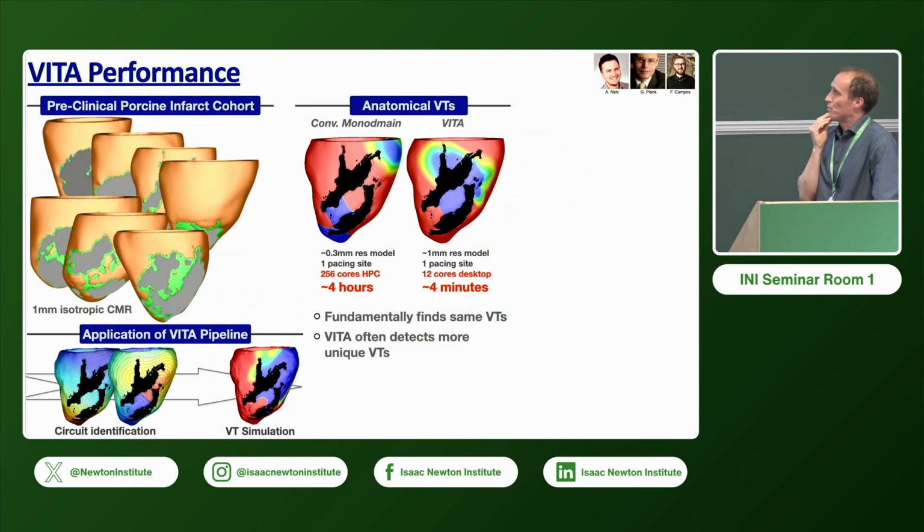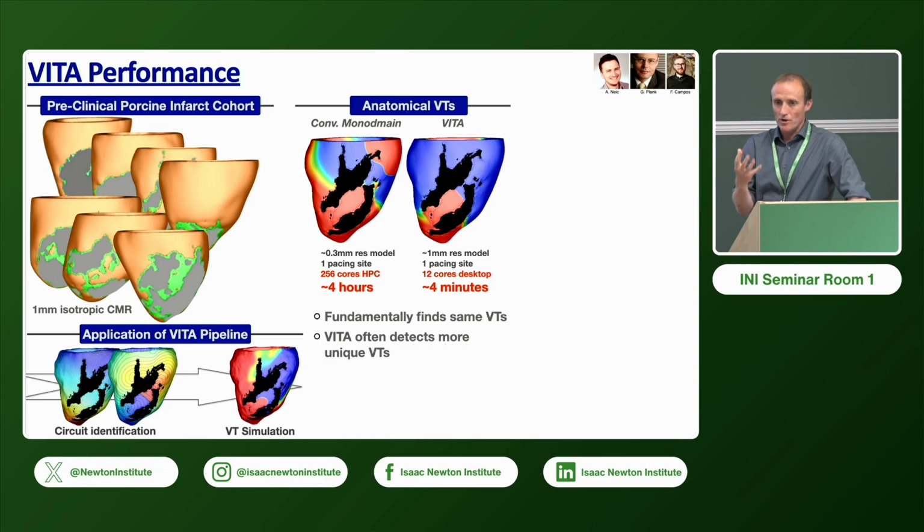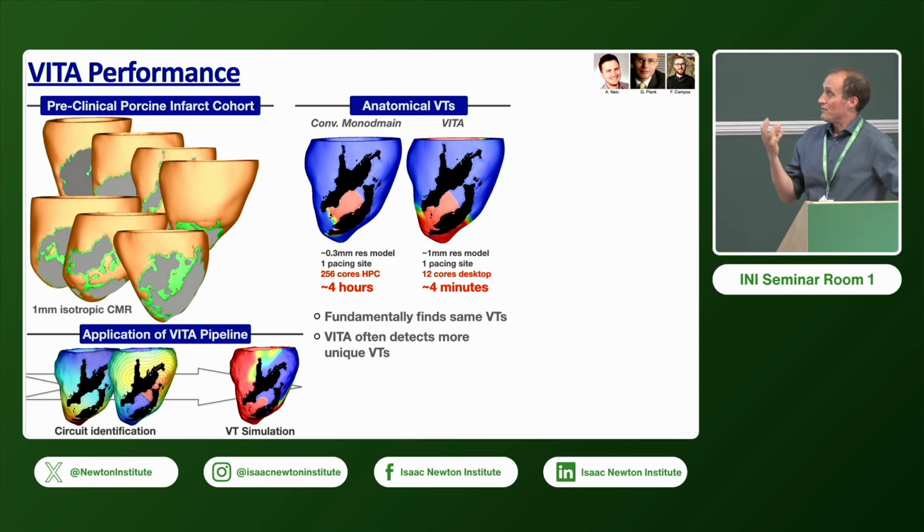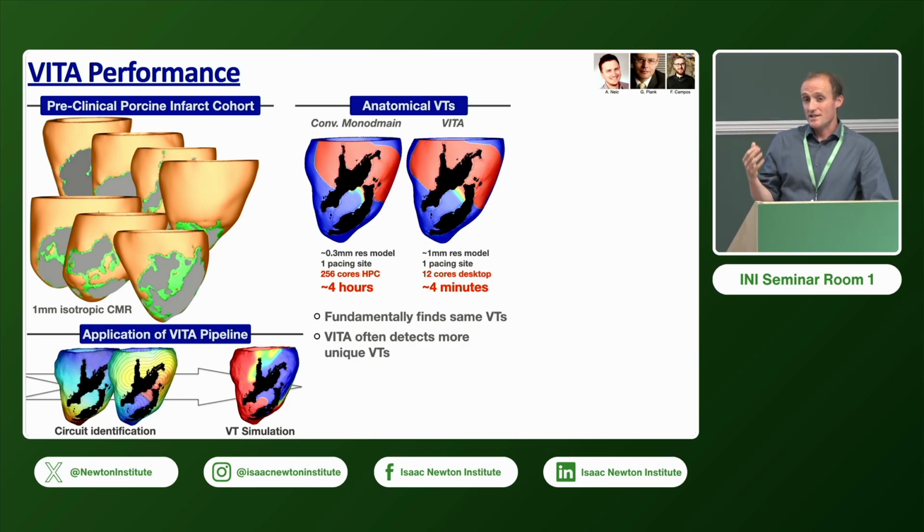So testing Vita on a preclinical cohort, these are just some porcine infarcted models. We did a like-for-like comparison against conventional monodomain VT stim protocols, and we showed that fundamentally our Vita method is identifying the same anatomical VTs, but in a fraction of the computational time.